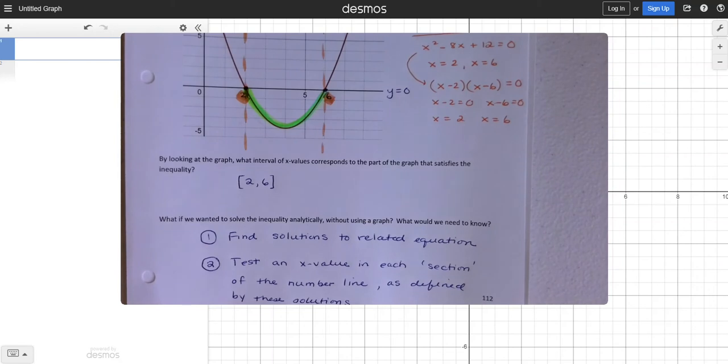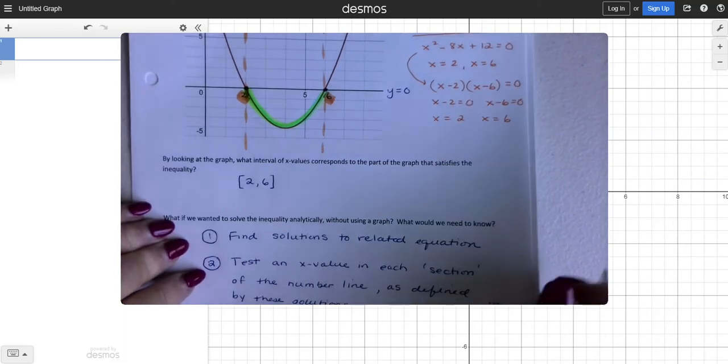We're going to go through this very carefully for a couple of examples, so I think you'll be able to see exactly how that's going to work. All right, so let's give this a try.